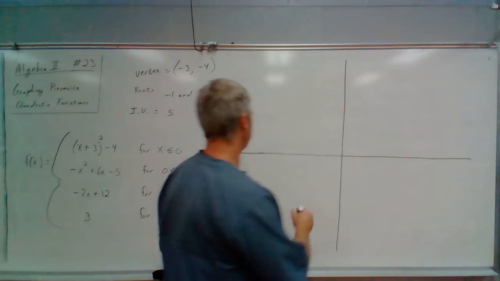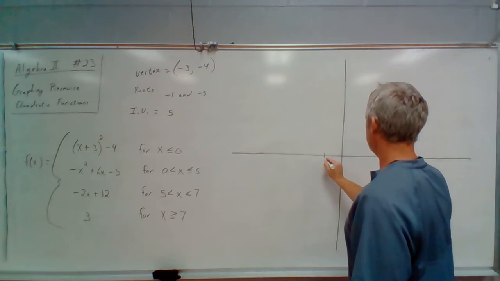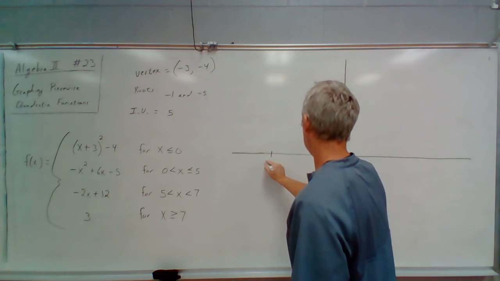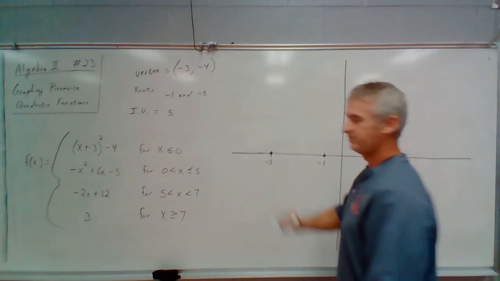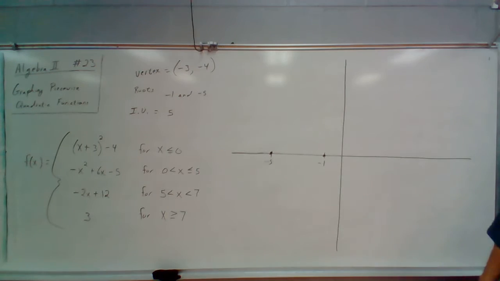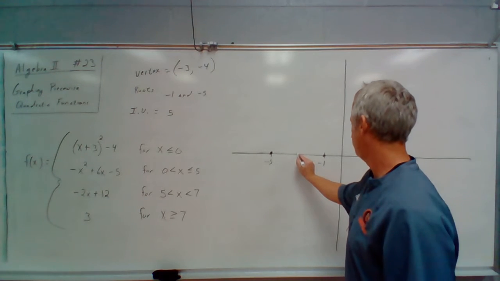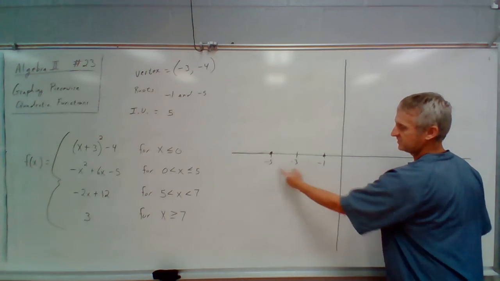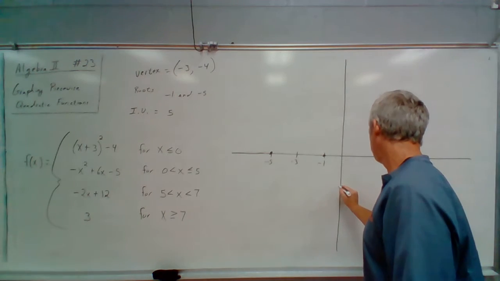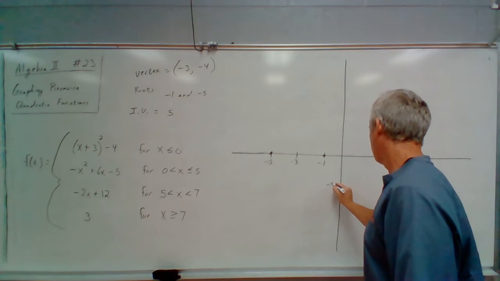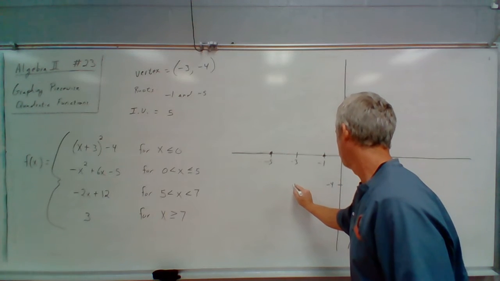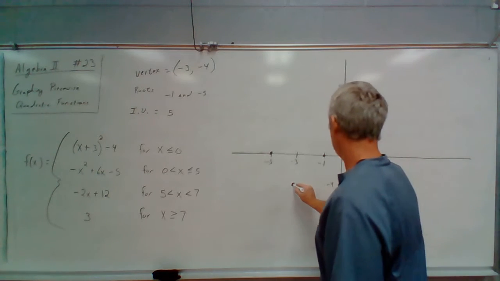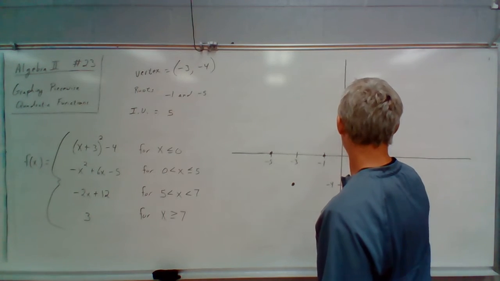Alright, let's graph the roots. Roots would be at -1, and another root at -5. The vertex would be at -3, -4, exactly where it should be, halfway in between the roots. So there's my vertex. This opens up, and the initial value is 5.